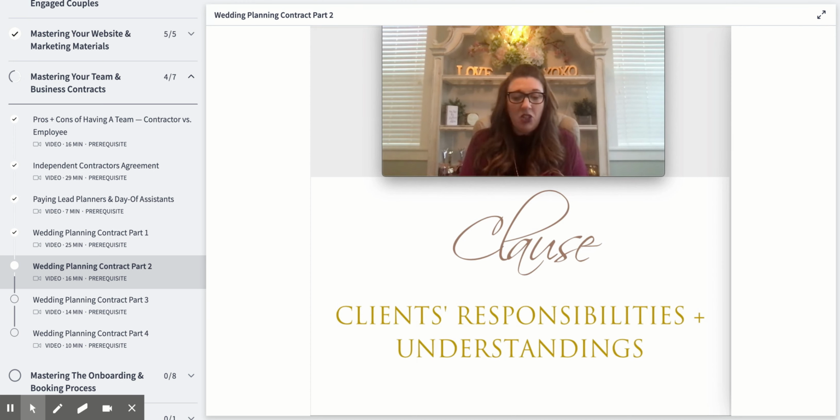And in such a situation, the clients expressly agree to release and hold the consultant and its agents, contractors, and employees harmless and defend from any and all liability as a result of any resulting incomplete wedding and event coordination package. And the clients agree that all payments tendered up to the point of termination shall be retained by the consultant. So this is definitely an added clause into our contract.